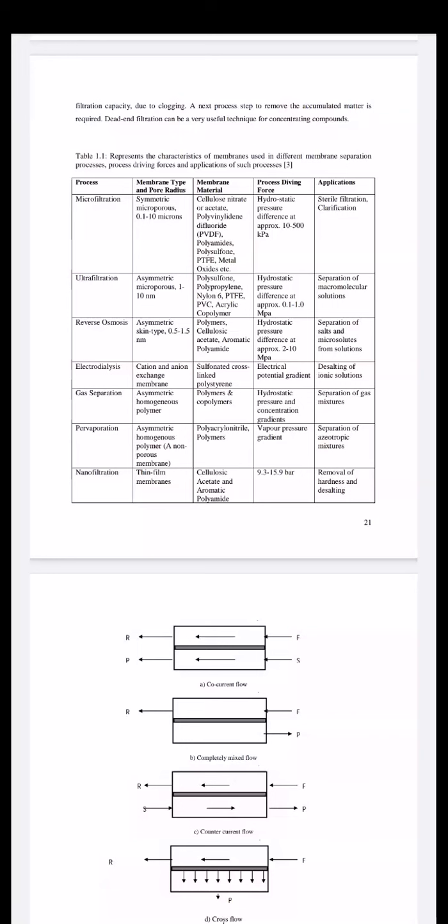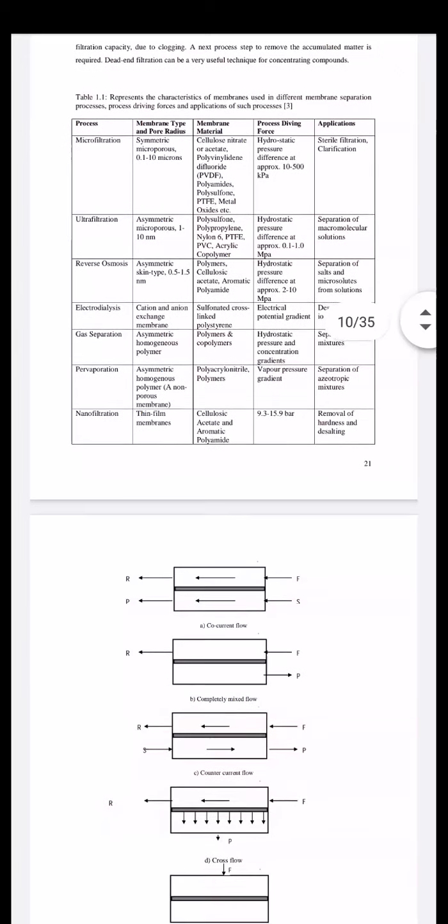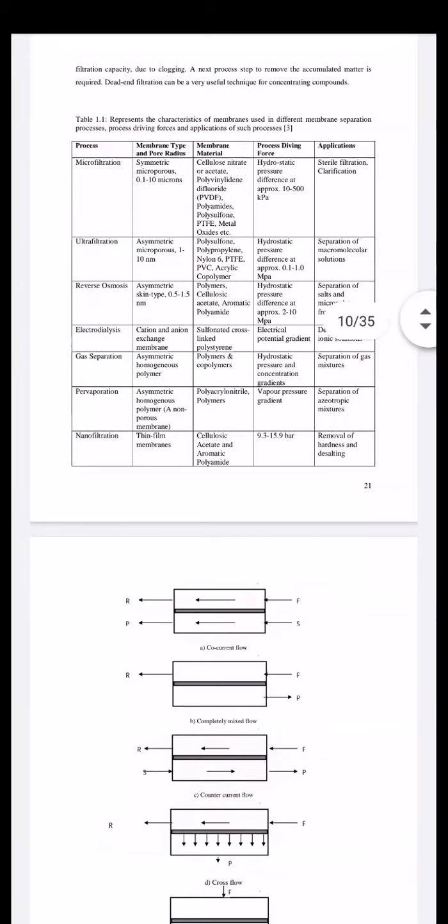The application of each process is very simple: to separate the ingredients of the mixture. Though the type of membrane would differ, pore radius would definitely differ, the membrane material would be different, as well as the process driving force, the objective of the process is the same, that is separation.